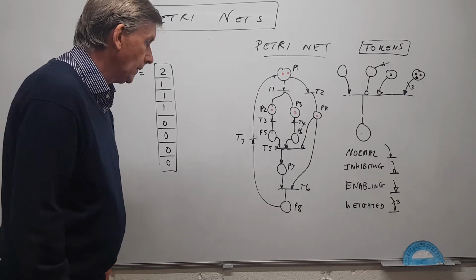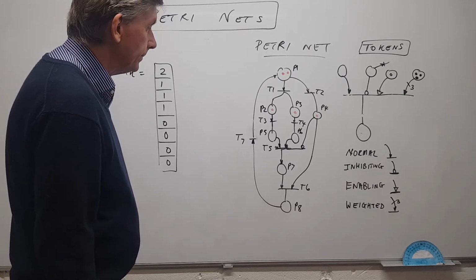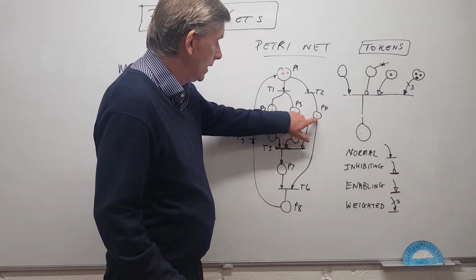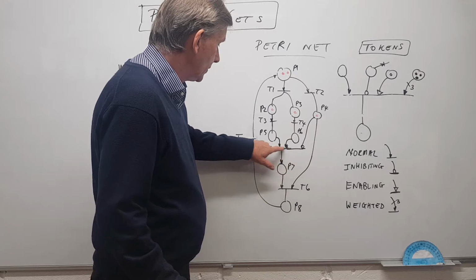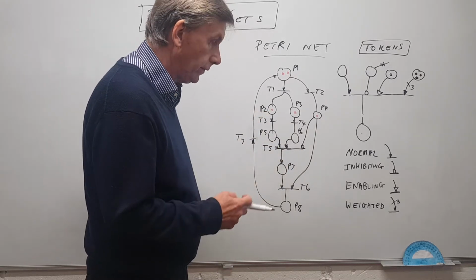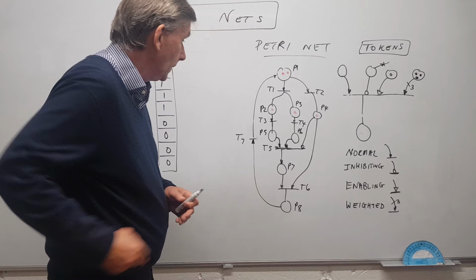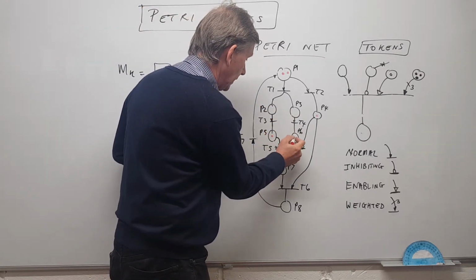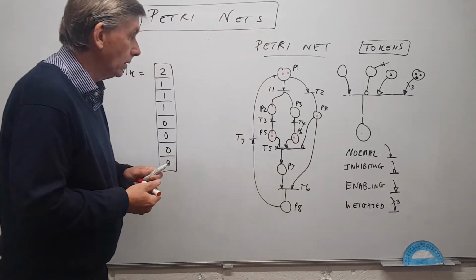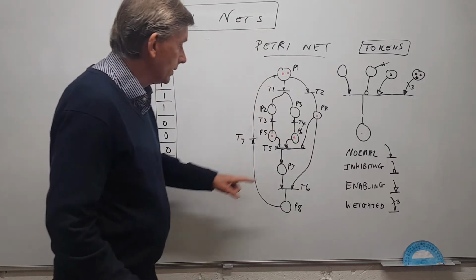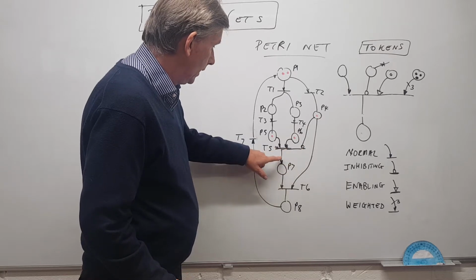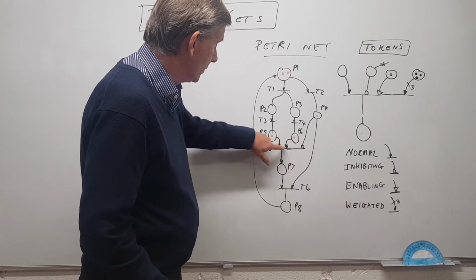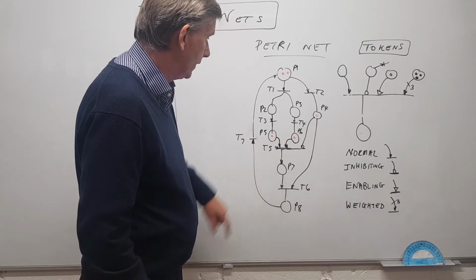Now, if we look at this particular Petri net, in its current condition it's not very good because we've got a token here, this blocks this transition here. So even if we fired these 2 transitions here to move the tokens to there and there, we're in a bit of trouble with this particular Petri net because this one's blocking this, and so you can't get rid of this token because this is blocking it, these are enabling it, so you can't fire this transition ever.